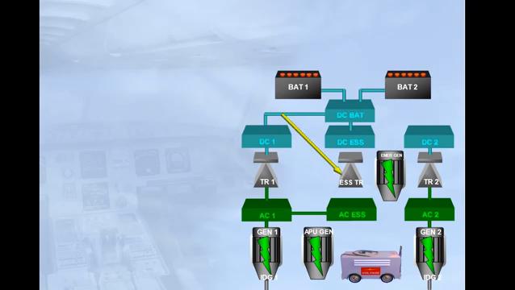The essential TR can power the essential DC bus from the emergency generator in case of severe electrical failure. Note, we will see the emergency generator and the essential TR in detail in the abnormal operation module.